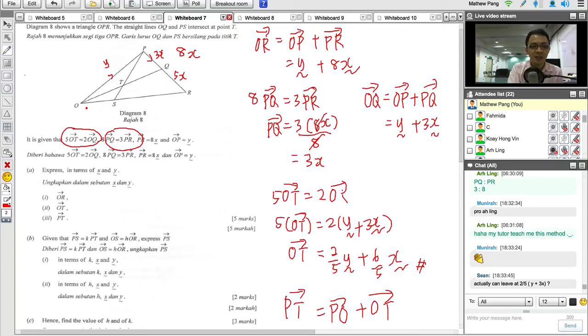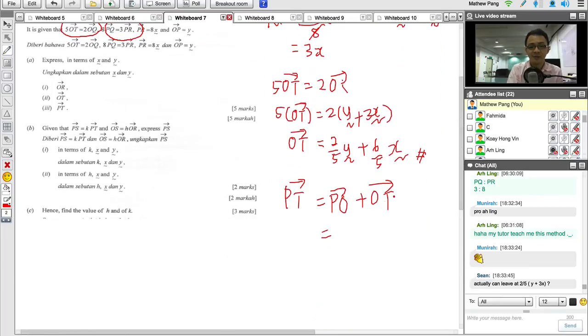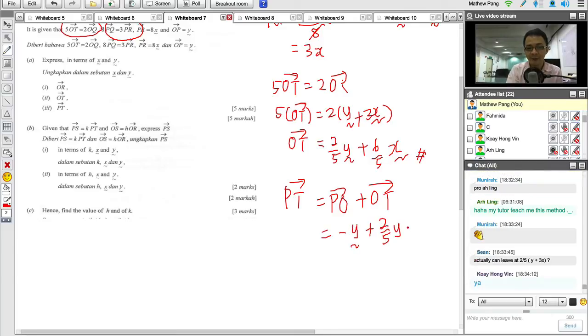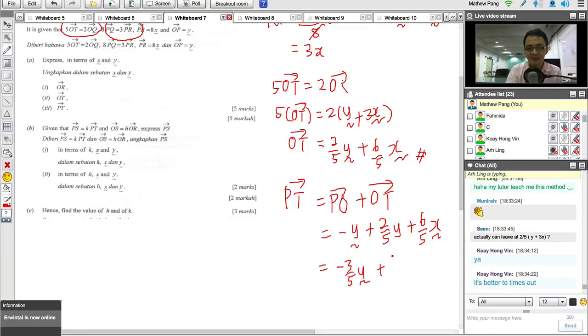So PO is the other direction, so it will be negative Y. Remember, this one is negative Y plus OT. OT will be 2 over 5y plus 6 over 5x. So negative 1y plus this one, we still get negative 3 over 5y plus 6 over 5x.